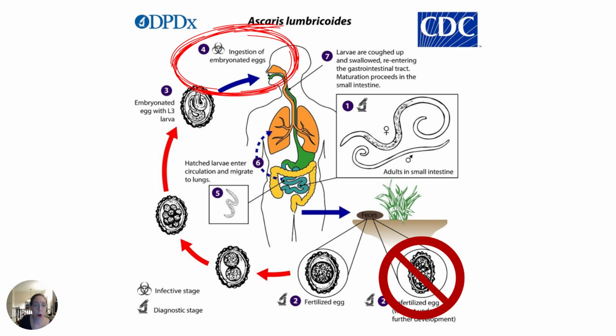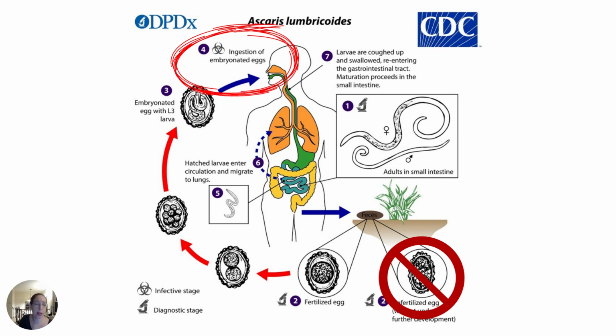All right, so we're moving on through here, and we've eliminated the unfertilized eggs out to the side. So if we continue around the circle, we can see that the fertilized eggs are going to begin to develop. But it's not until they reach the point that they are embryonated, that the worms are really starting to form within the eggs, that they become infectious when they are swallowed.